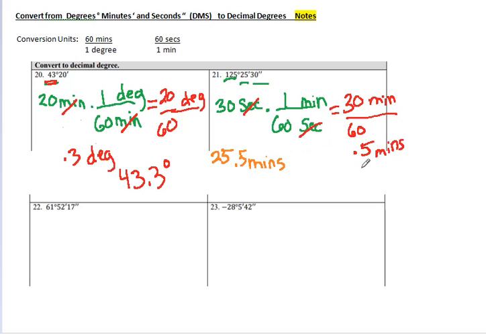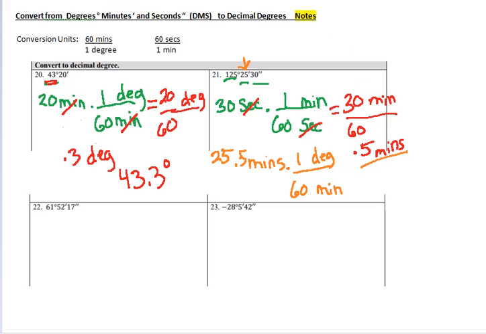Because we have to take these seconds that we switched into minutes and stick them with these right there. All right. So we are going out of minutes and we're going into degrees. I know that 60 minutes makes 1 degree.